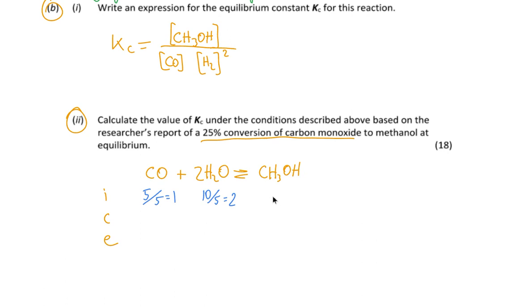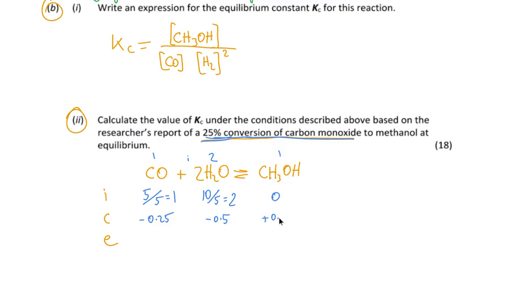And then methanol, well, initially there's 0 of the product. And we're told there's a 25% conversion of carbon monoxide. So 25% of 1, so we're going to lose 0.25 of that. And because of the 1 to 2 ratio between carbon monoxide and hydrogen, we're going to have a double loss of this, so minus 0.5. And then this is going to increase because it's a 1 to 1 ratio between carbon monoxide and methanol.